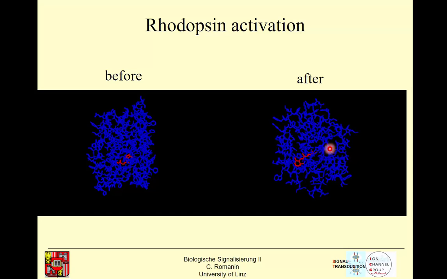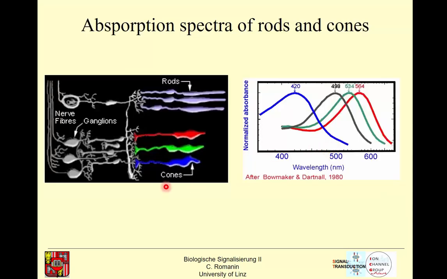Before we switch to the signaling cascade, let's have a look: is there a difference between the rods, which are specialized for black and white seeing, and the cones, which are specialized for color seeing? Here we have the rods, and the spectral characteristics are indicated in black. You see a maximum in the range of about 500 nanometers.